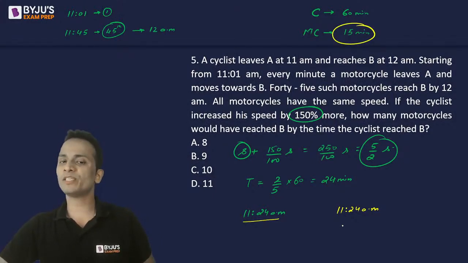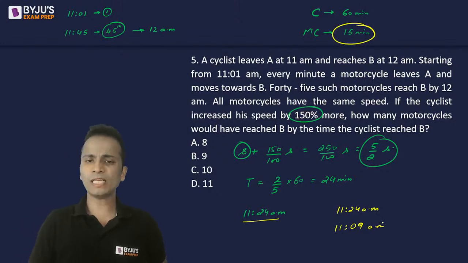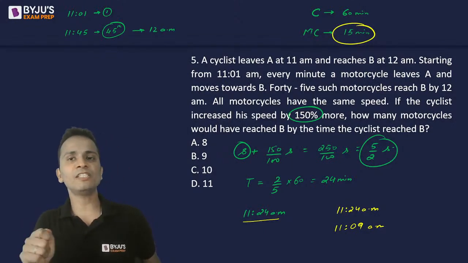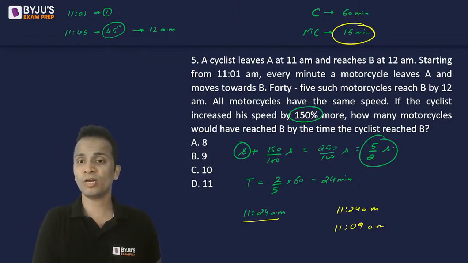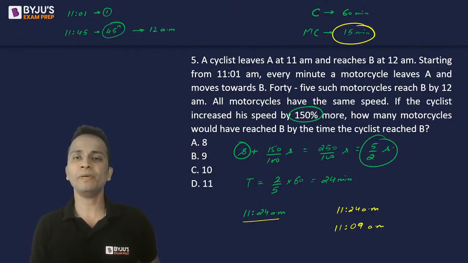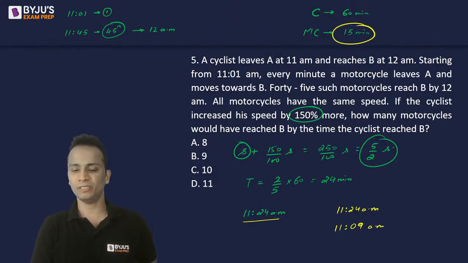So from 11:24 we subtract 15 minutes, giving 11:09 a.m. So the motorcycle which has left point A at 11:09 or before will be able to reach point B by the time the cyclist reaches point B at his increased speed.